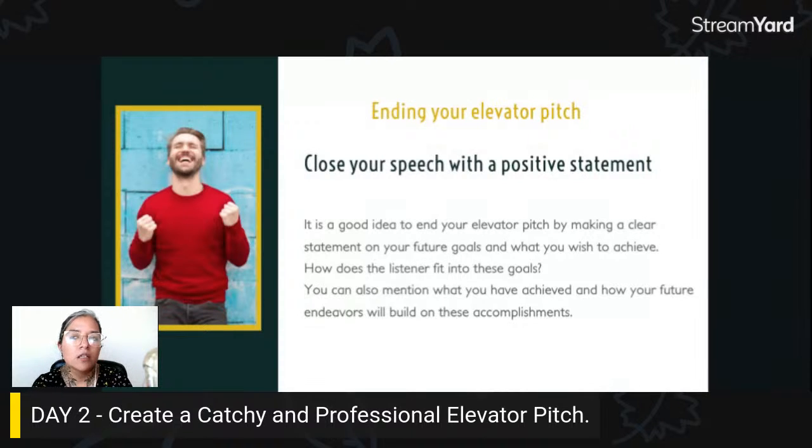So you can have a general elevator, or you can have different elevators specific for each situation, for each job offer, for each position.